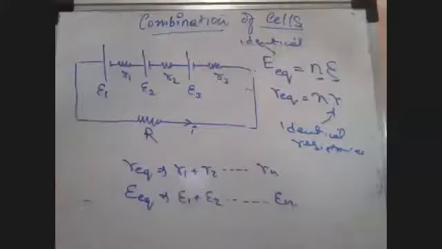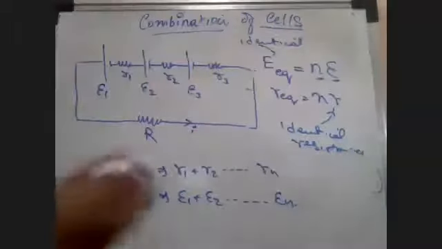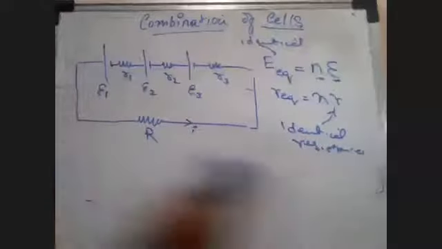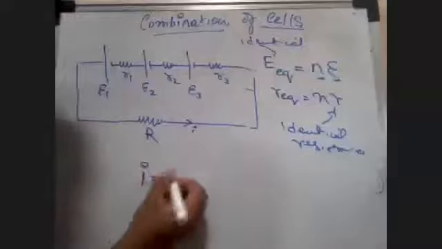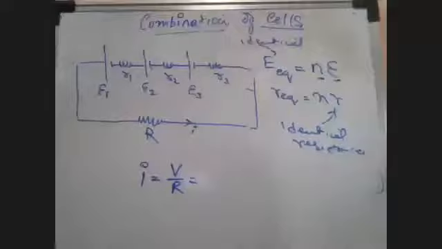Can anyone tell me what the current will be if suppose I am talking about identical cells and identical resistances? Then tell me what will be the current. Can anyone tell me? I is equal to V by R. So what is V over here? V is basically E equivalent.